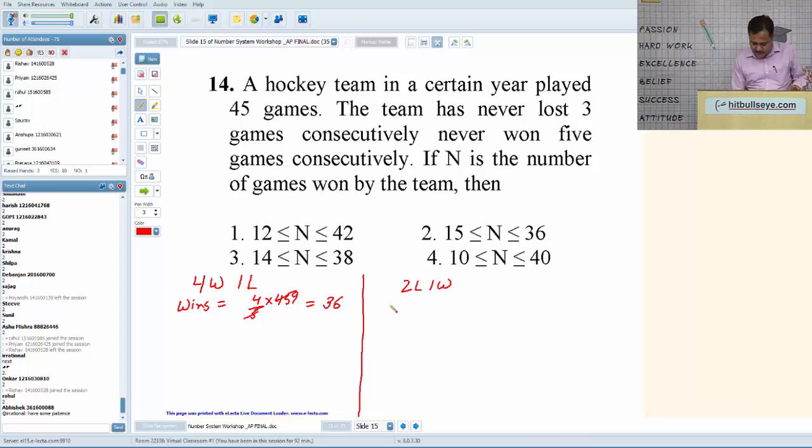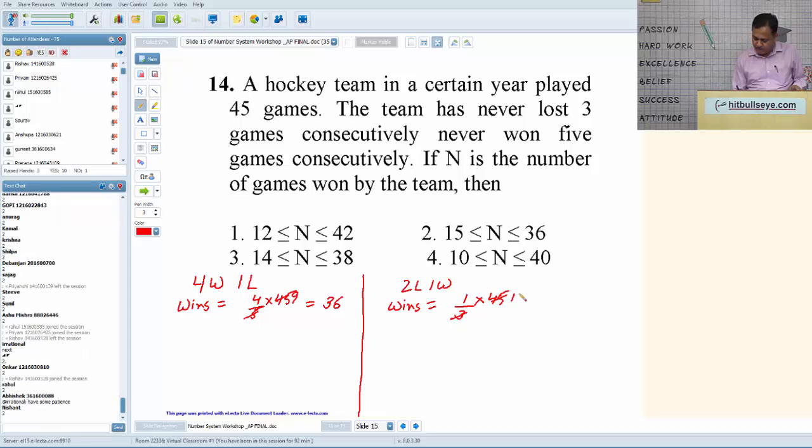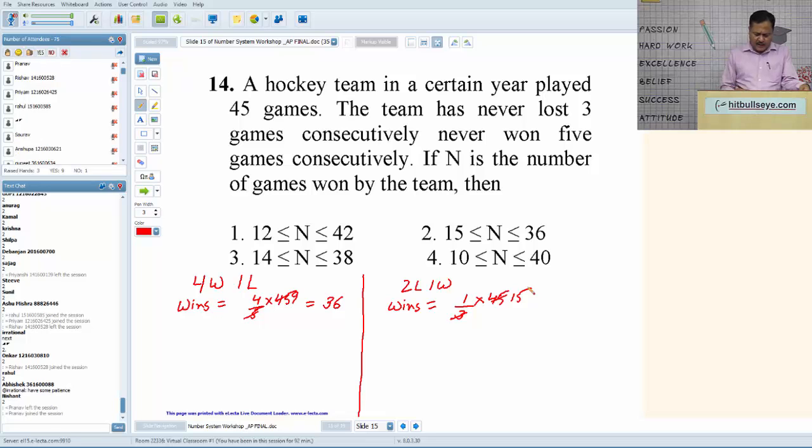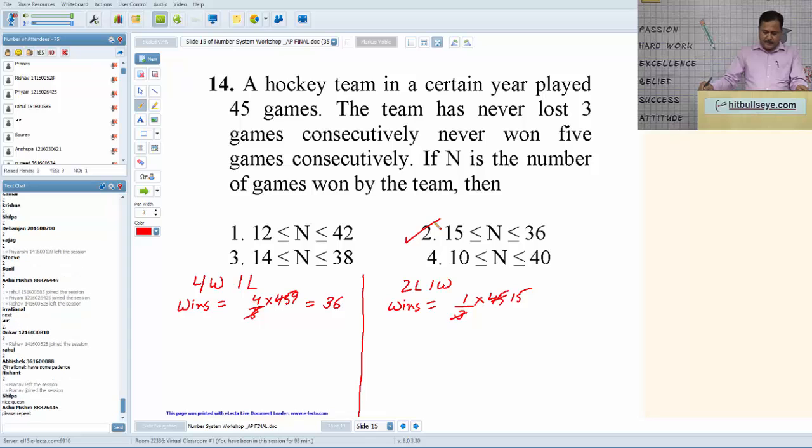So number of wins in the worst scenario is 1 out of 3. That means out of 45, this should be 15. So minimum wins would be 15 and maximum would be 36. So answer should be second option. So is it clear to everybody?